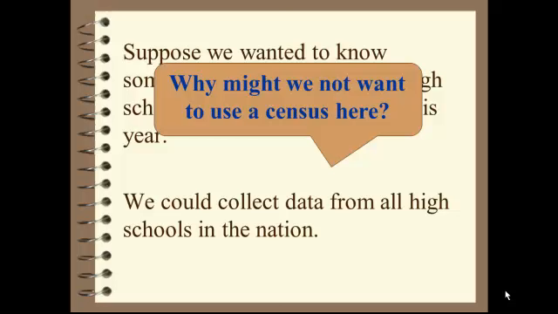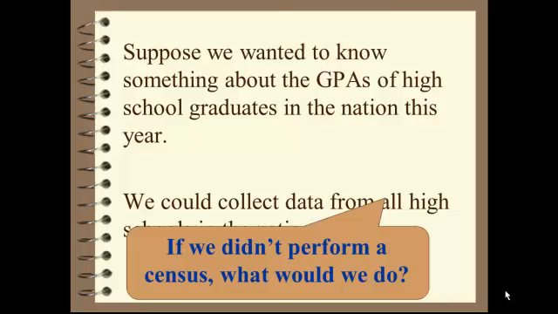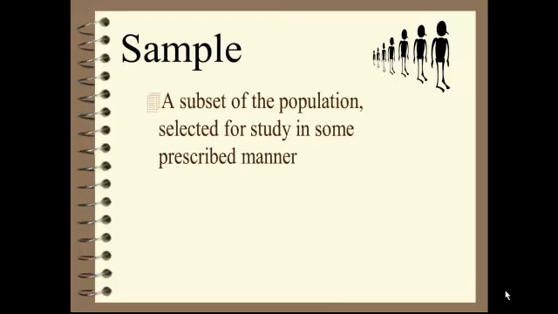Now, the problem is, is it really going to be practical to collect data from every single high school in the whole country? That's usually expensive. It might take a little while. In some cases, a census isn't even possible. So if we can't find out every single piece of data that we want, we take a sample.